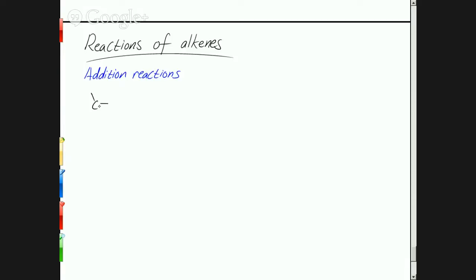So we might draw a basic alkene like this, and just some basic thing with whatever connected to it where we won't specify it. And then we react this with hydrogen, which is H2. We can draw it out.